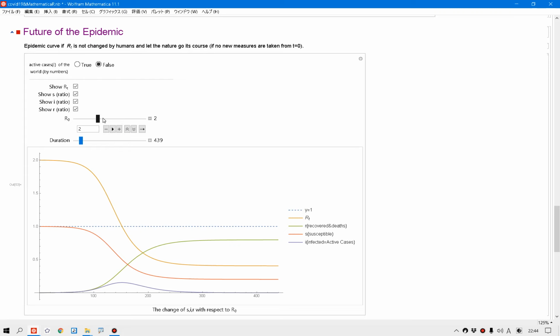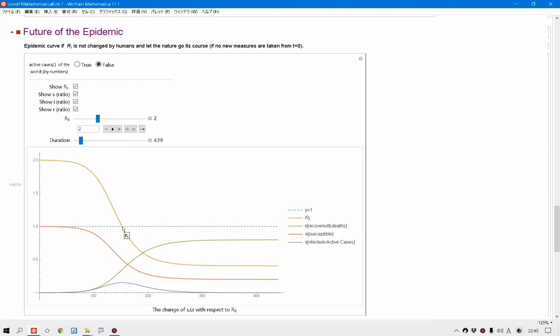Now R0 equals 2. So this is susceptible. It's a ratio against the whole population, and the whole population of the world is 7.7 billion. As susceptible decreases, RT decreases. If susceptible becomes half, 0.5, then RT is 1.